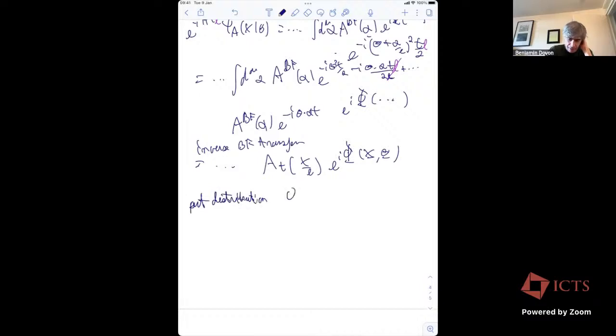So the theta n are distributed according to some distribution rho of theta, say for a.